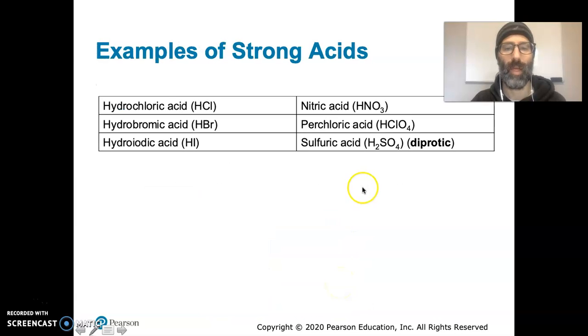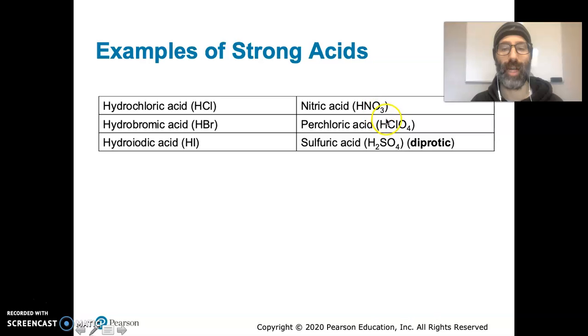Here are the 6 strong acids. You should memorize these strong acids. They're very common and very important. Most of them are the binary acids that you learned to name. So you have HCl, HBr, HI, and then you've got some of the oxyacids.